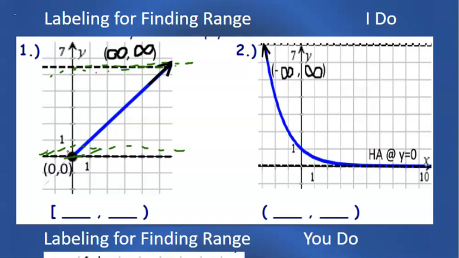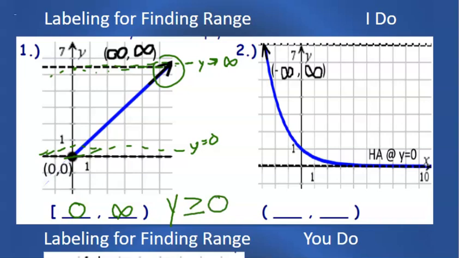The lowest one is at y equals 0. The highest one is an arrow, so y is going to be approaching positive infinity. So our interval would be from 0 to infinity. You'd write y is greater than or equal to 0 for your inequality.